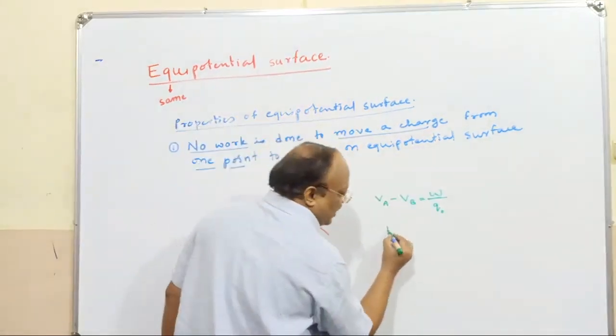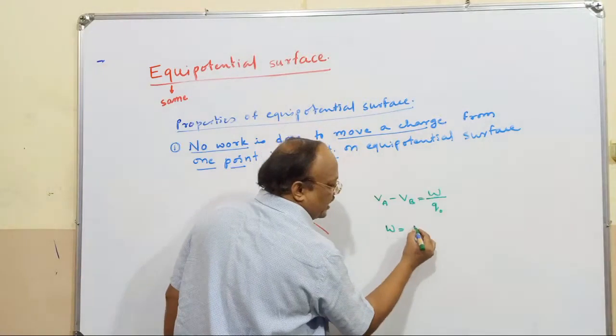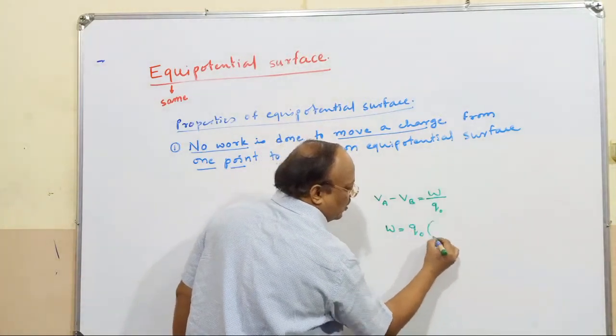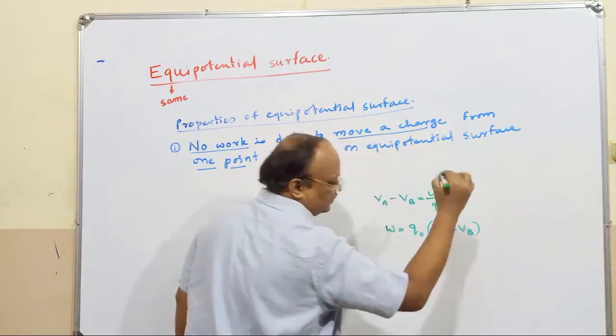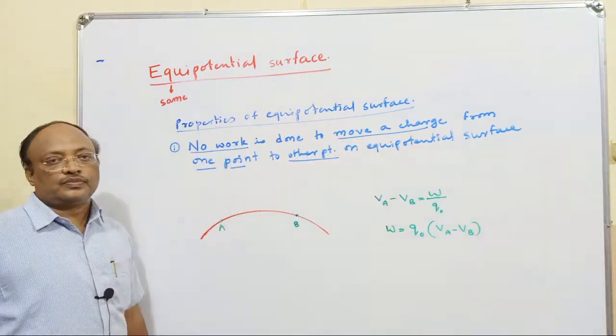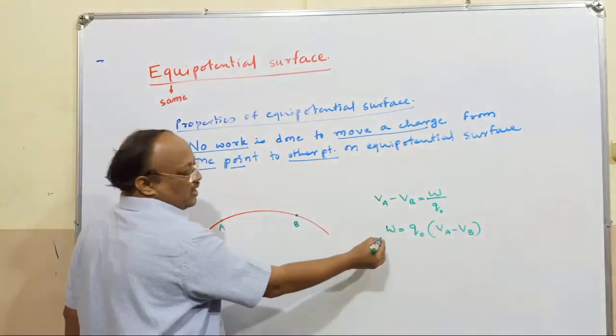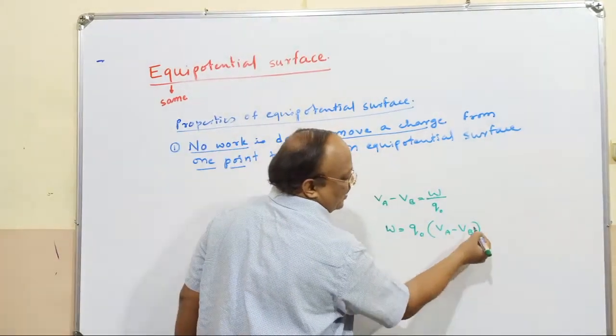So work done is equal to Q0 into VA minus VB.